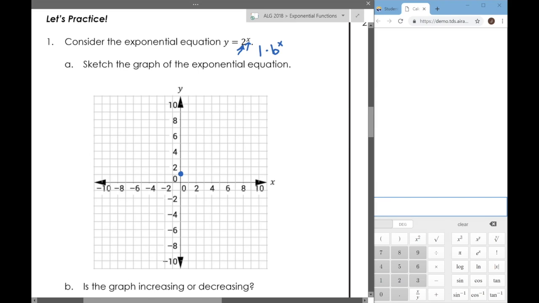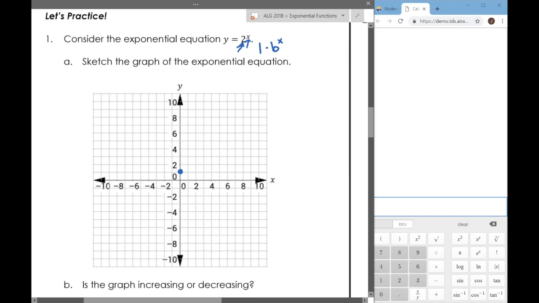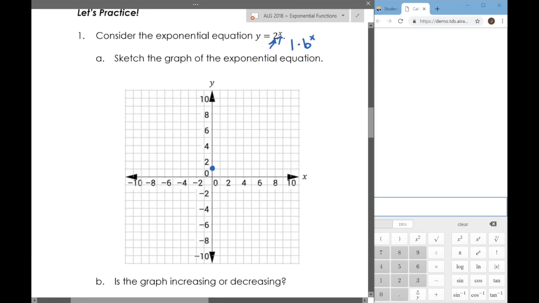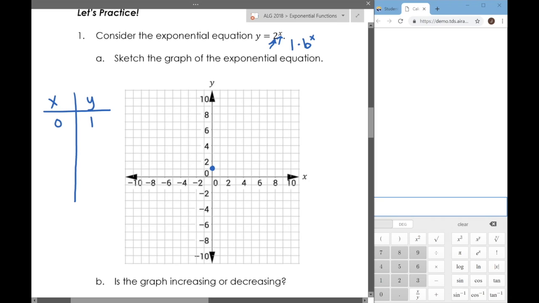So I put a dot at 1 because we need to sketch this out. So we put a 1 by the y-intercept. Okay. So here's how this is going to work. You're going to make an x and y chart. And we're only going to do 4 numbers. One of the numbers has to be the y-intercept. And since you already have the y-intercept, it's (0, 1).